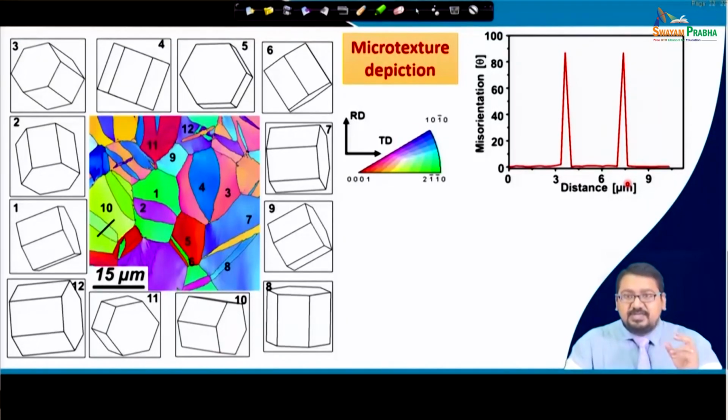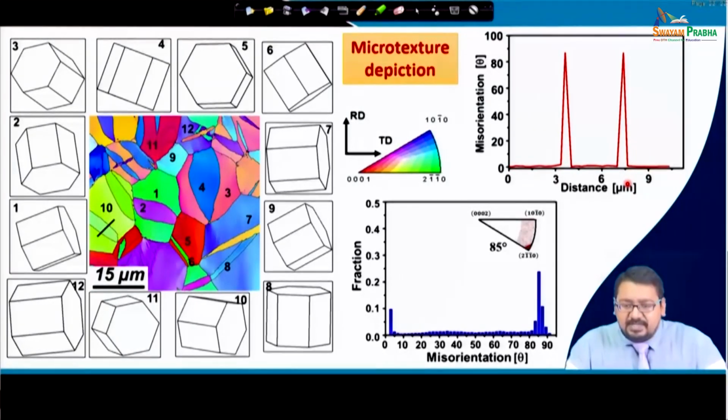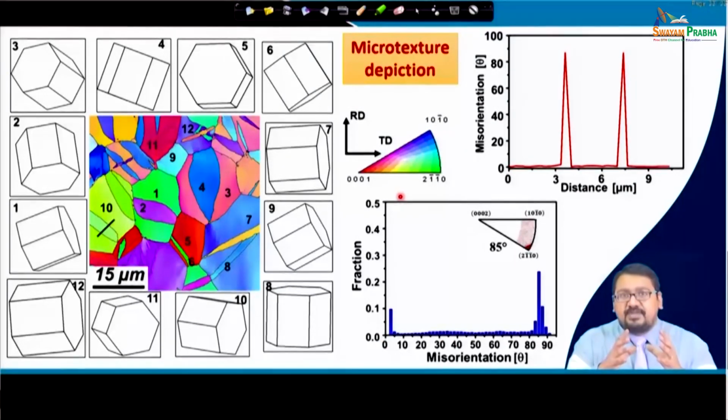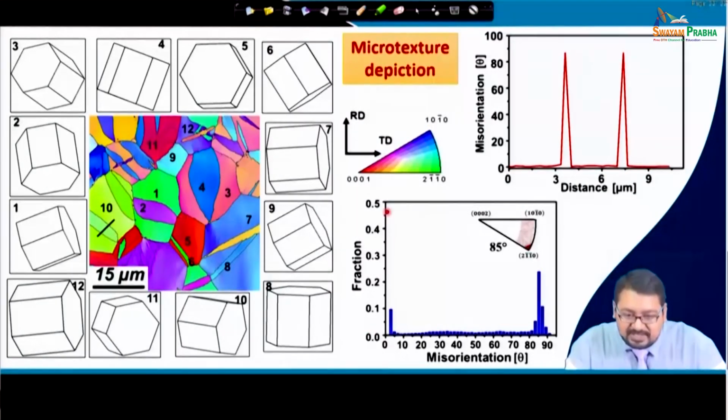Now, not only this, as I said, the twin boundary is an axis angle pair, right. So, we can obtain the misorientation angle distribution fraction for the entire microstructure. In this case the fraction of a certain misorientation angle is given on the y axis and the misorientation angle in degrees is given on the x axis.